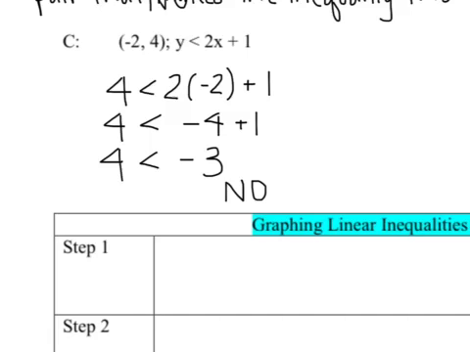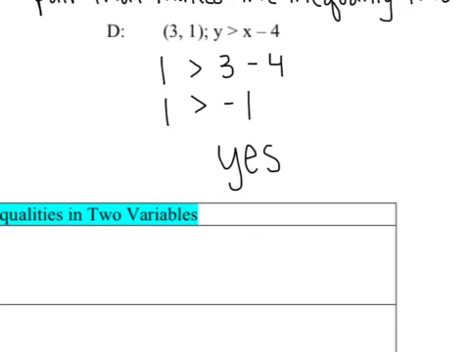So the answer to that one is no. That is not a solution to that inequality. And then the answer to D is yes. If you plug in 3 for x and 1 for y, you end up with 1 is greater than 3 minus 4, so 1 is greater than negative 1, which yes, that is true. So that is a solution to that inequality.